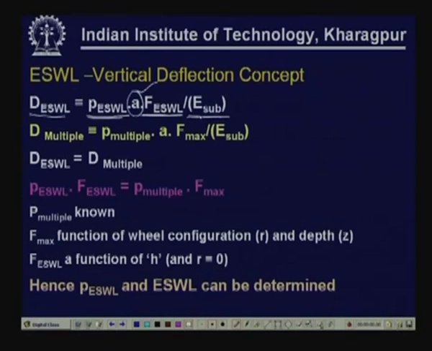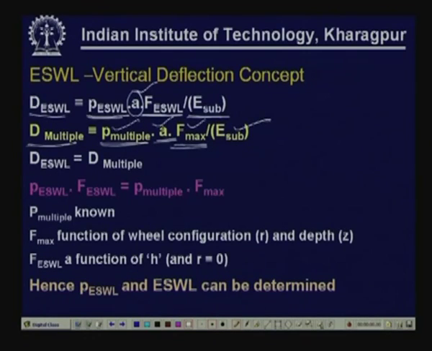For the multiple system, we have to get the tire pressure corresponding to the multiple system. This is known to us, and we also know the radius of contact area. We have to obtain the maximum deflection factor for the number of loads that we have, and also where the maximum deflection is going to be. This is also known.